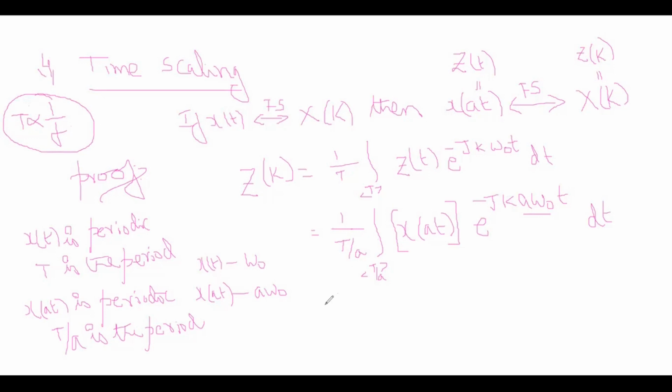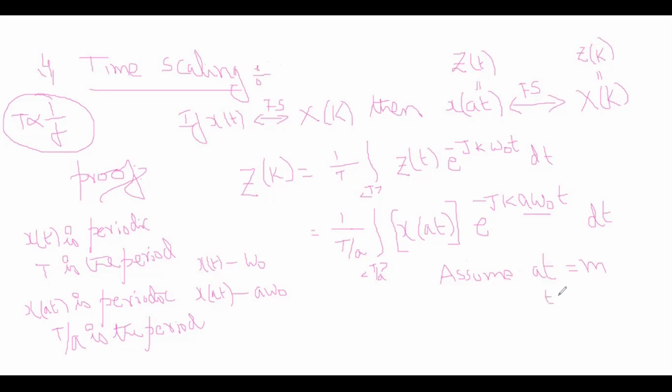Okay. Now assume at is equal to m. What we did in the time shifting property, replacing t minus t naught with m, here also I am taking the same thing.